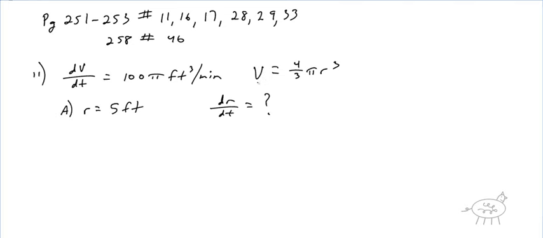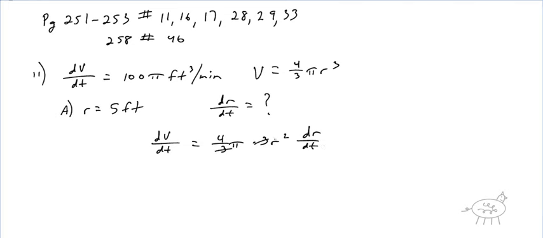The derivative of V is 1 times dV/dt, and then 4/3 pi is just the constant in front, and the derivative of r cubed is 3r squared, and of course dr/dt.